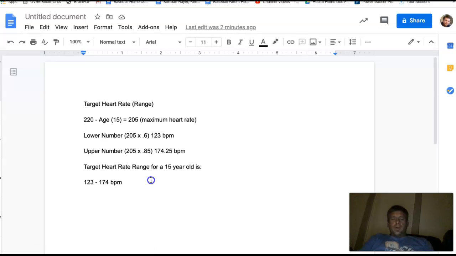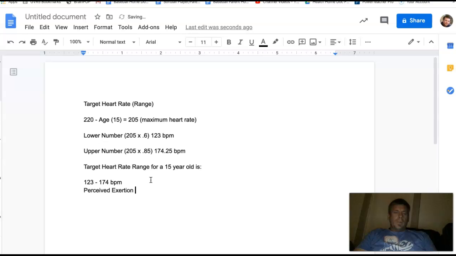There is something also called a perceived exertion scale. And that on a scale of 1 to 10, you're looking for 6 to 8. You were looking for the ability, or the lack of ability, to maintain a conversation.